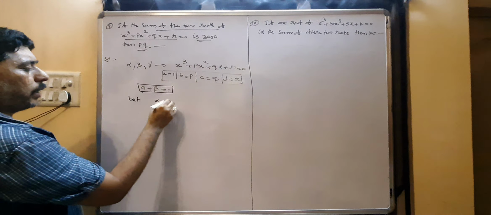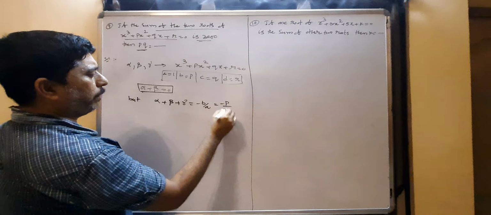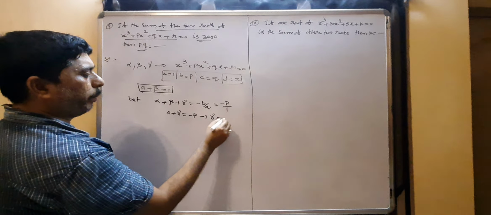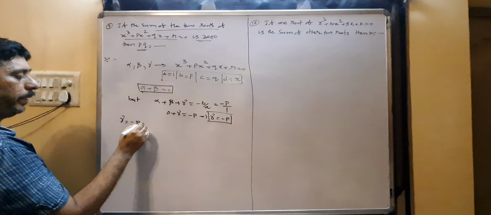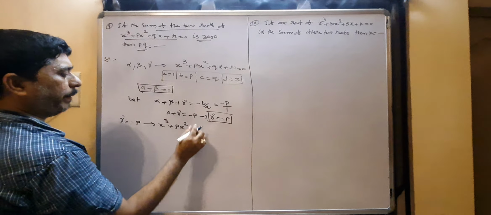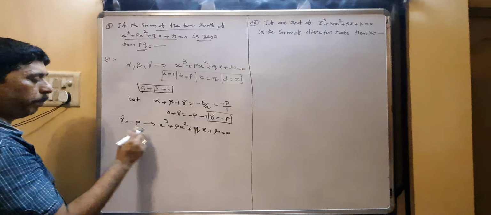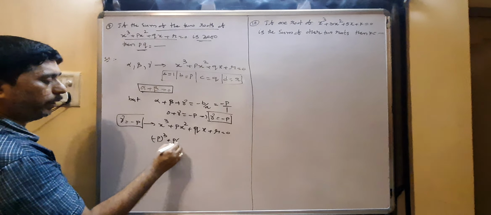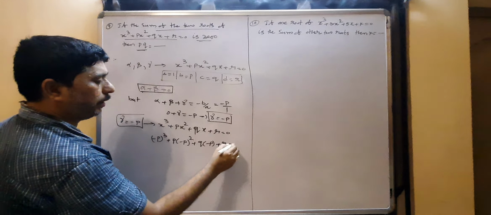But the sum of the roots alpha plus beta plus gamma is minus b by a, that is minus p by 1. 0 plus gamma equal to minus p, that implies gamma equal to minus p is a root of the equation. Substitute gamma equal to minus p in x cube plus px square plus qx plus r equal to 0: that is minus p whole cube plus p into minus p whole square plus q into minus p plus r equal to 0.